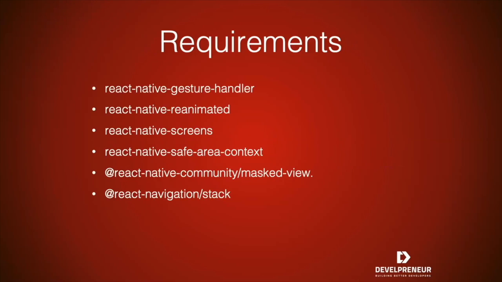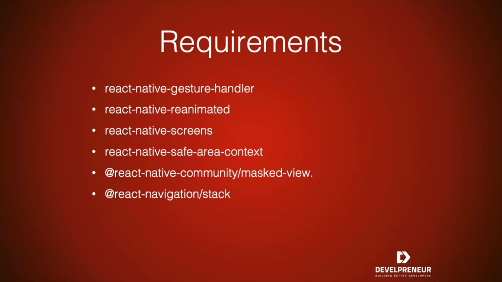These dependencies consist of React Native Gesture Handler, React Native Reanimated, React Native Screens, React Native Safe Area Context, React Native Community / masked view, and React Navigation / stack. To install these, we just go out to our console and install them with npm, Expo, and any of the other installations that we need.